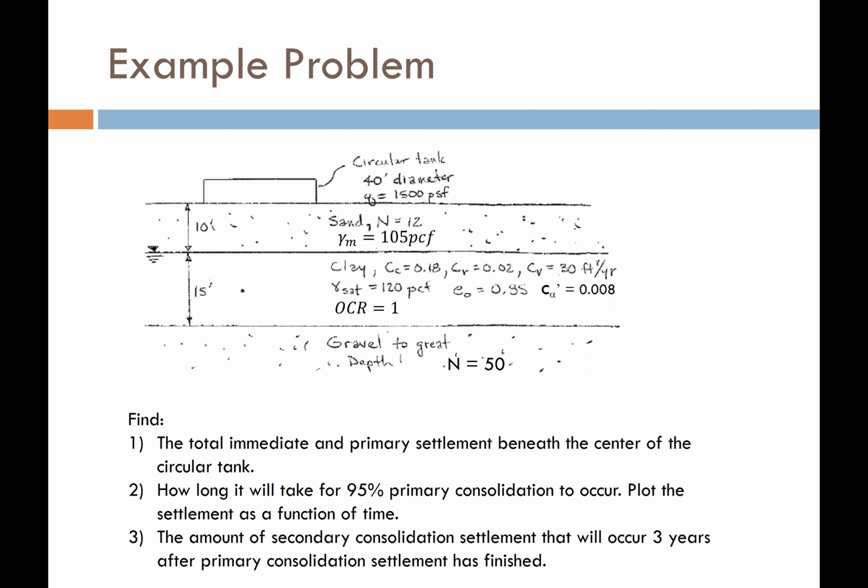So let's say that here's the problem that we have. We have a multi-layer soil system that's comprised of a loose to medium dense sand that's 10 feet thick. Here are the properties of the sand. Beneath that we have a 15-foot saturated clay layer that we've obtained these properties for.